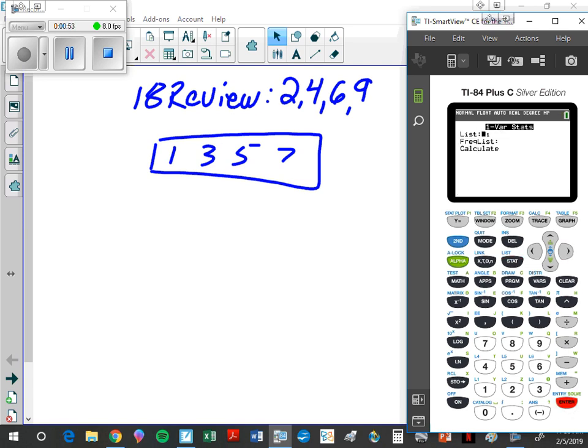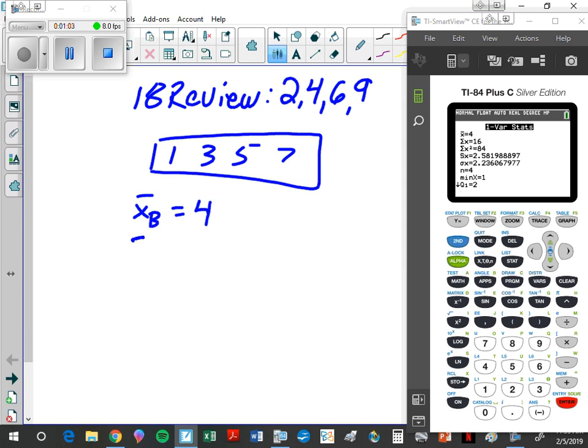I get the average of the box is 4, and the SD of the box is 2.24. Okay, so my expected value for 1500 draws is simply going to be 4 times 1500.